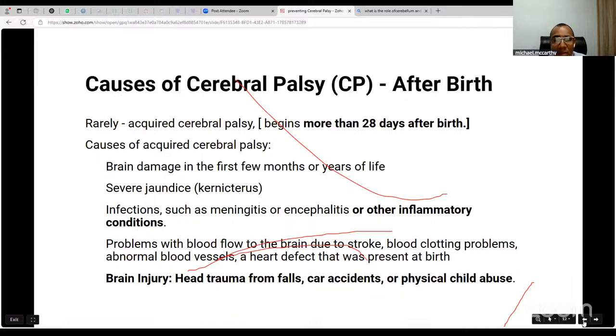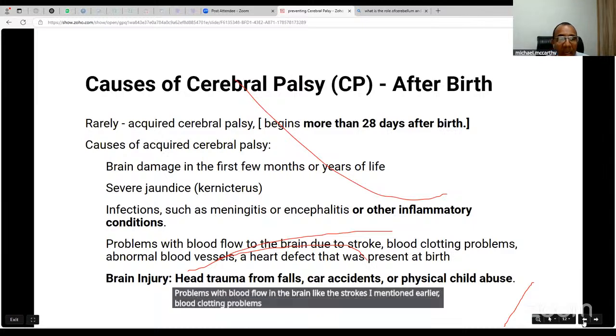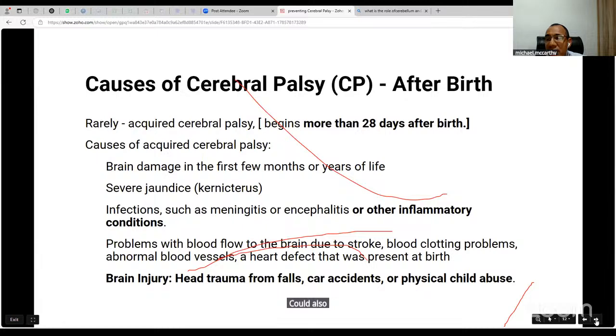Problems with blood flow in the brain, like the strokes I mentioned earlier, blood clotting problems, and abnormal blood vessels. Also, brain injury after delivery from falls and accidents and child abuse could also, in rarer cases, lead to this situation.